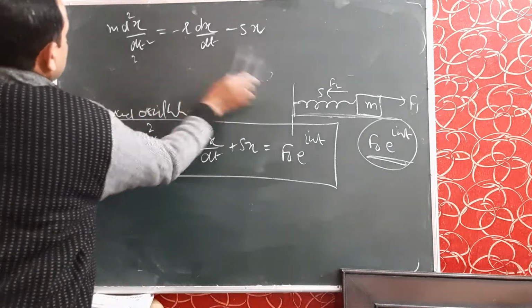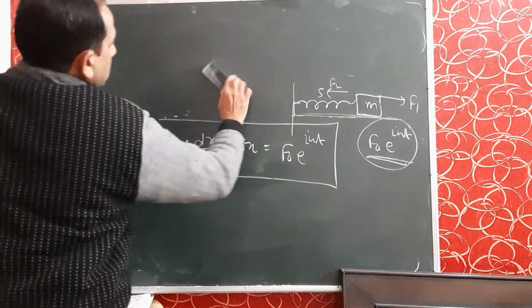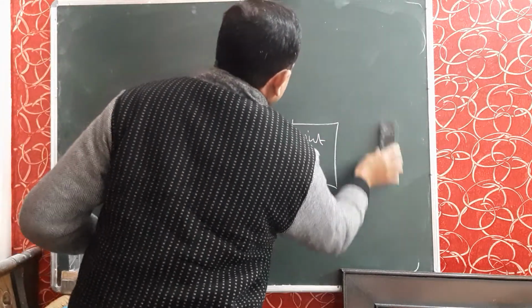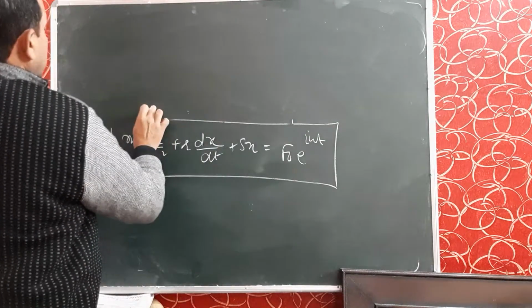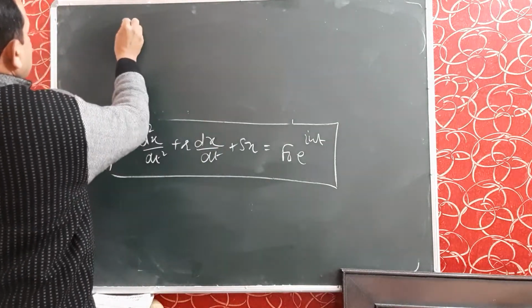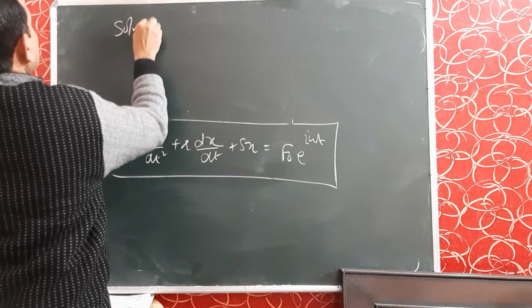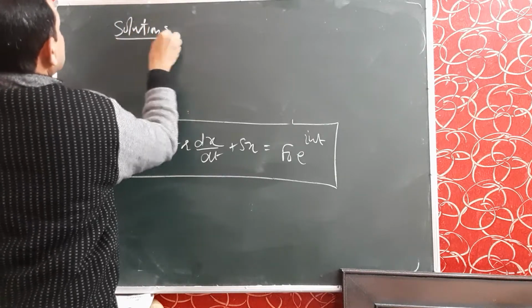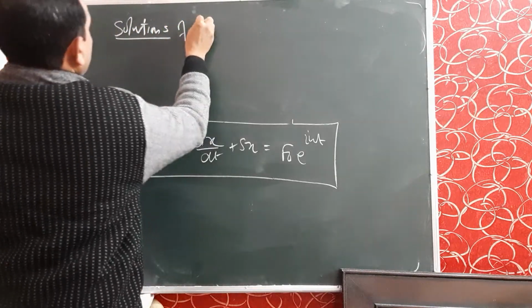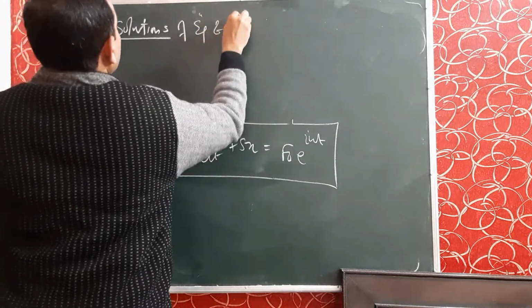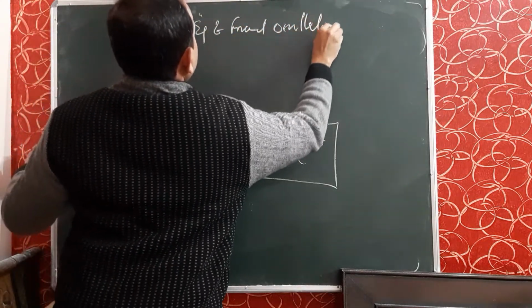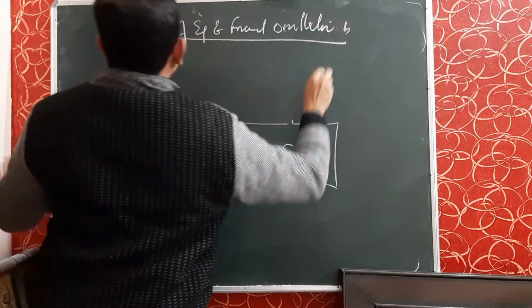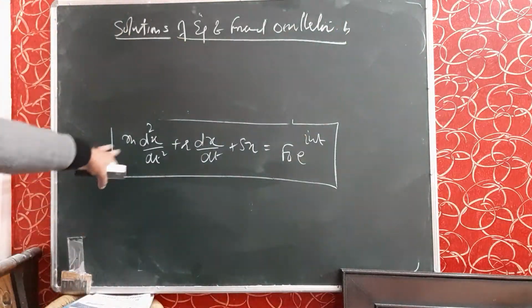Now we will find the solution of this equation, as we are already familiar with the solutions in previous cases. So what are the solutions of the equation of the forced oscillator?